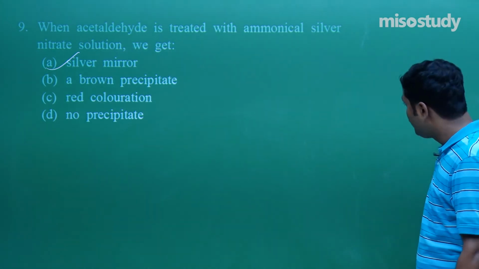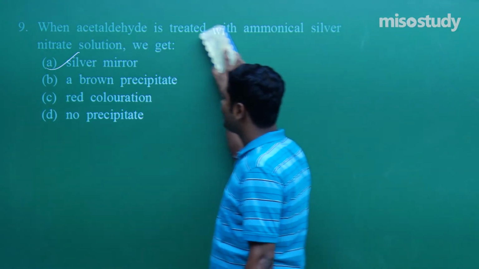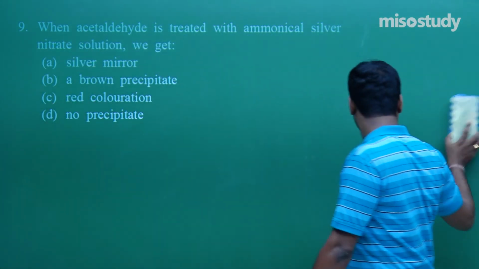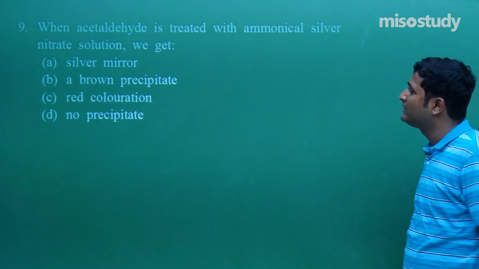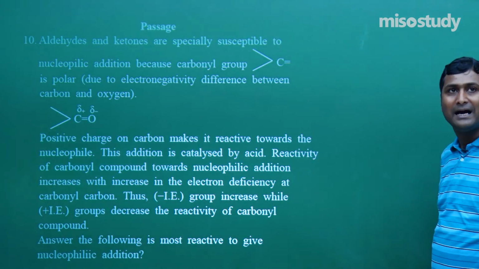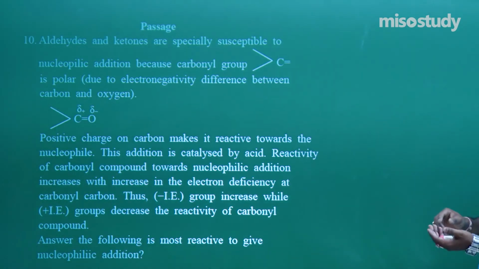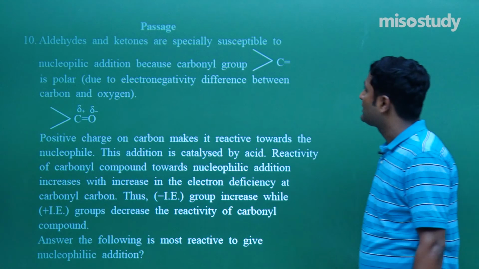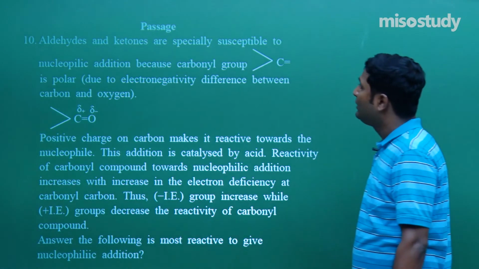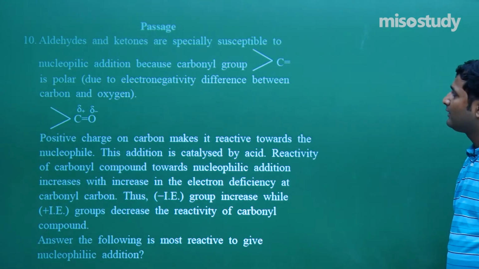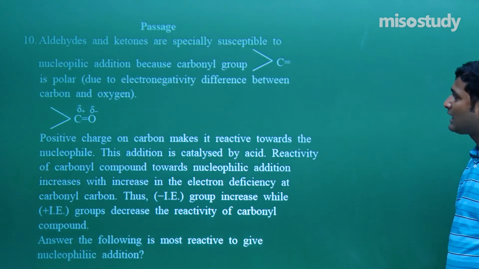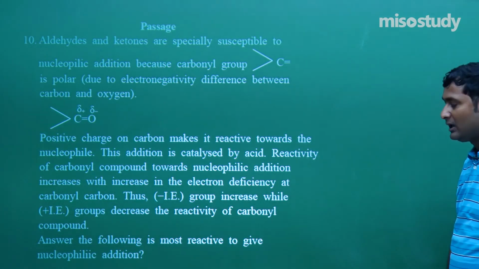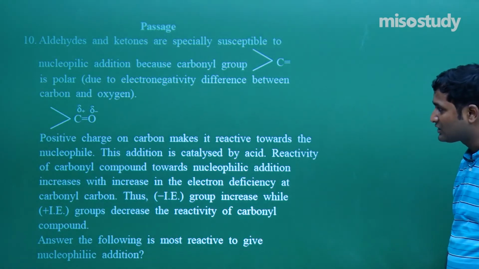Clear? Now let's move to the next question. Check it out. That is question number 10. Now read the question carefully. Aldehydes and ketones are especially susceptible to nucleophilic addition because the carbonyl group is polar. That is definitely a plus and minus charge.